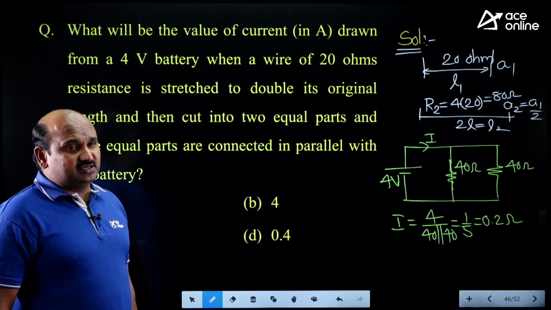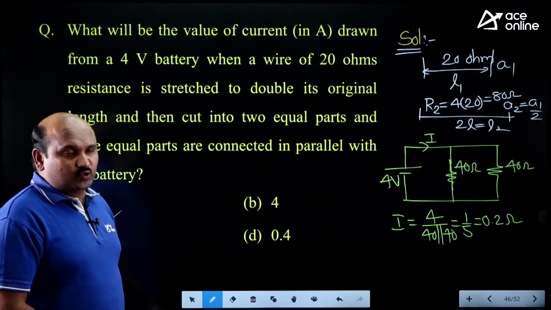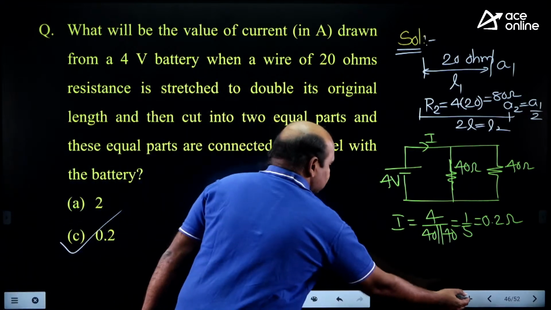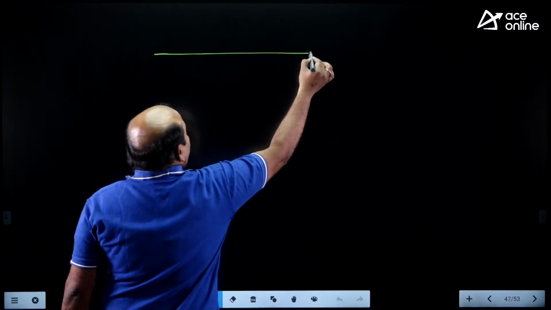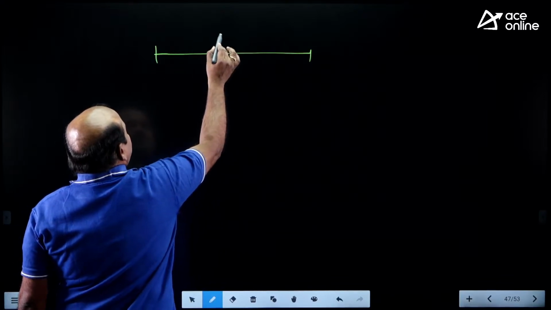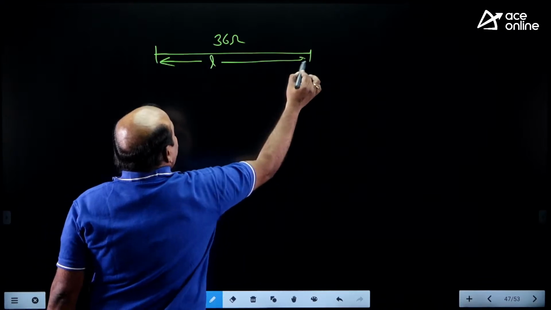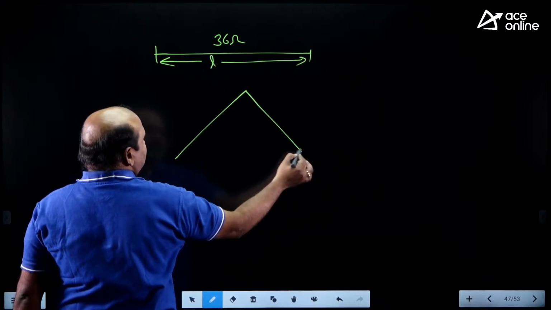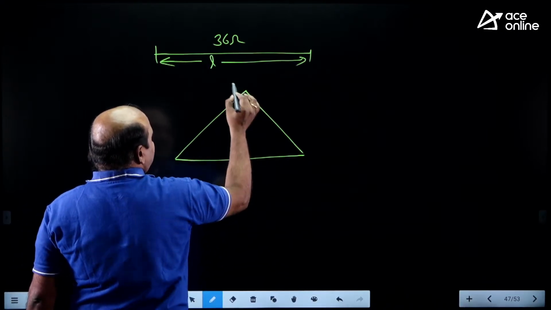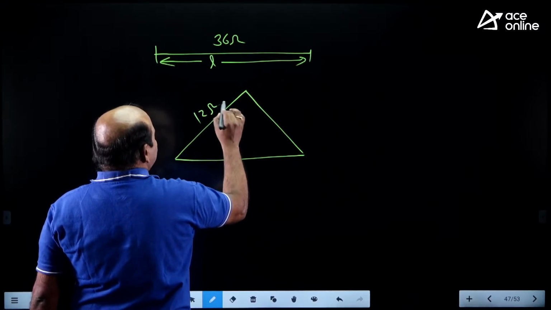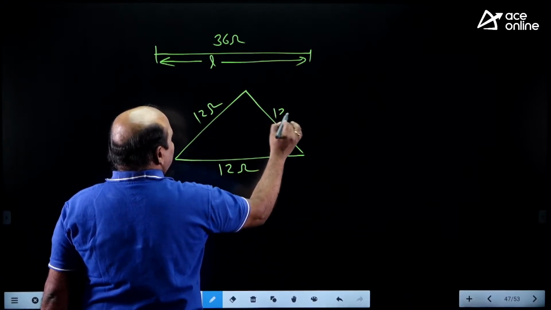And in a recent question, it was given that 36 ohms is the total resistance of the conductor. This is bent into an equilateral triangle, nothing but what? Here 12 ohms, 12 ohms, 12 ohms.